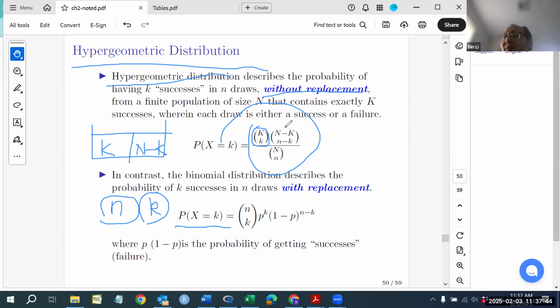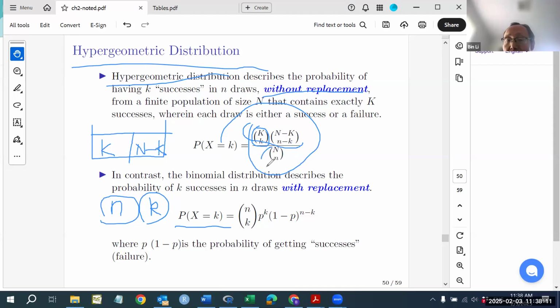The other one is very obvious. How many ways we draw n minus k failures or n minus k blue balls out of capital N minus capital K. That's the total number of blue balls or failures, right? So that's the total number of ways we can get k successes and n minus k failures from the population.